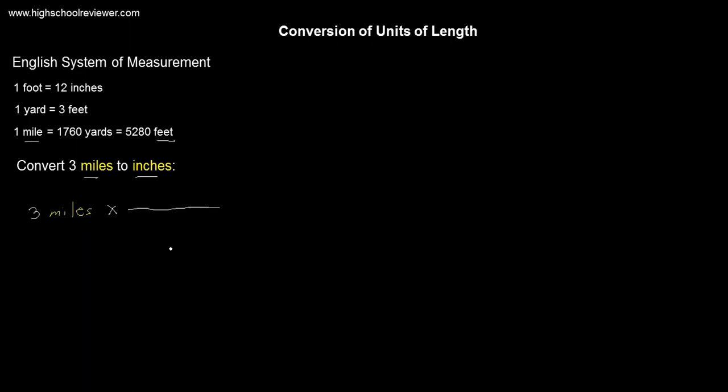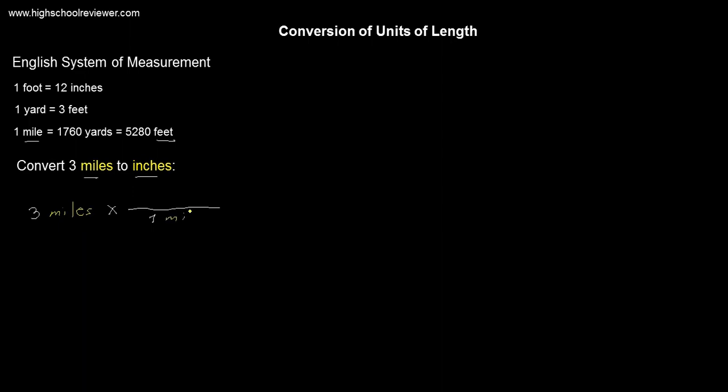Multiply this, and we will have here the fraction. And the numerator and the denominator will be 1 mile and 5,280 feet.